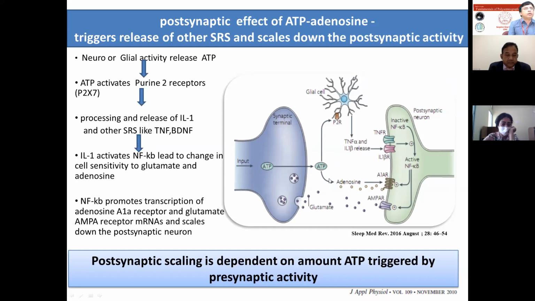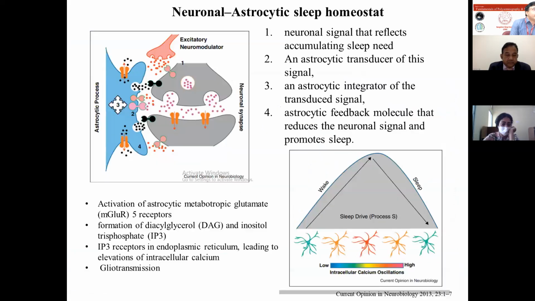So this is how the whole metabolomic process is related to the initiation of sleep and the inhibition of the wake-promoting activity, with the circuit related to wake, in both a presynaptic and postsynaptic way in which adenosine plays a very important role.